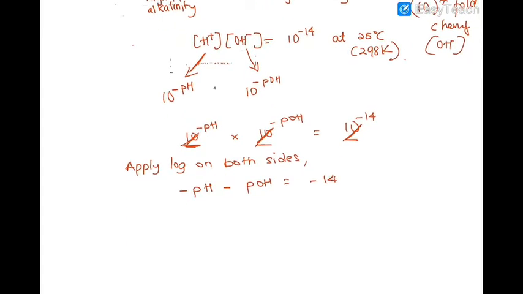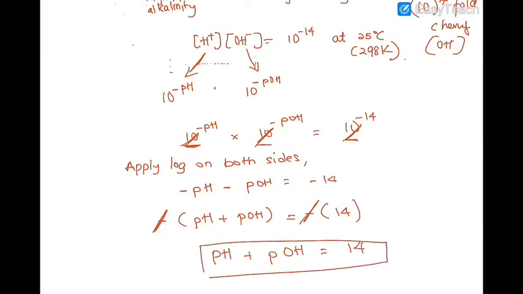Now, because we have all these negatives, we can eliminate them. Negative cancels out, so we end up with the expression pH plus pOH is equal to 14, and this applies at 298 K only.